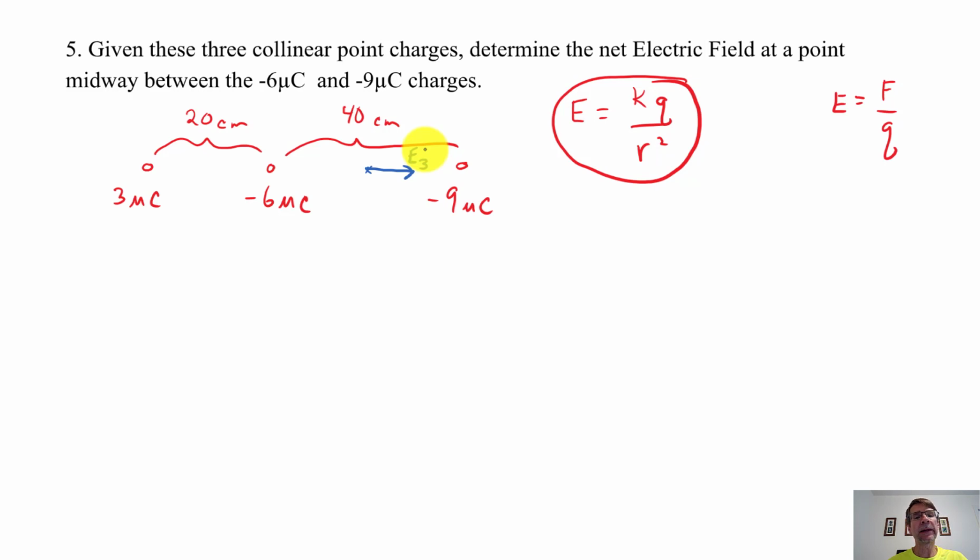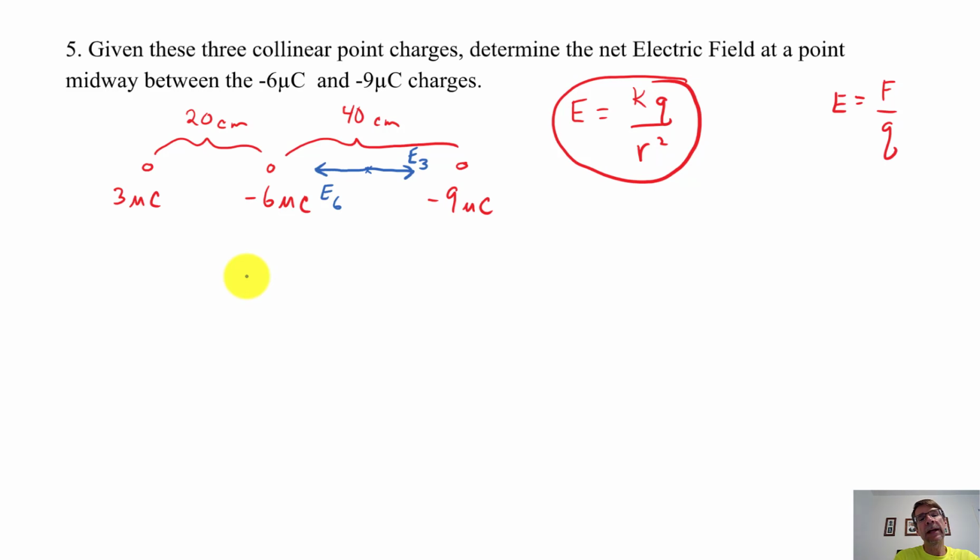For the 6 microcoulomb charge, the field is towards that one. That's going to be E sub 6. It's going to be stronger because I'm closer. It's twice as strong just because it's twice the charge, and it's closer as well, so it's going to be stronger for 2 reasons.